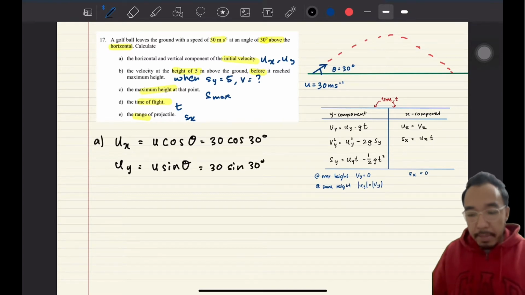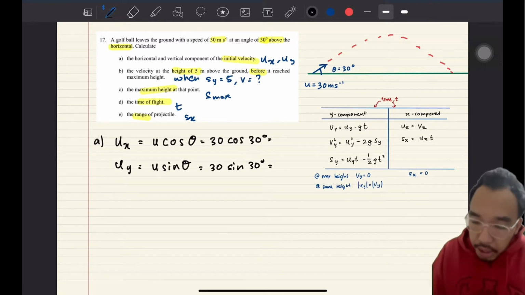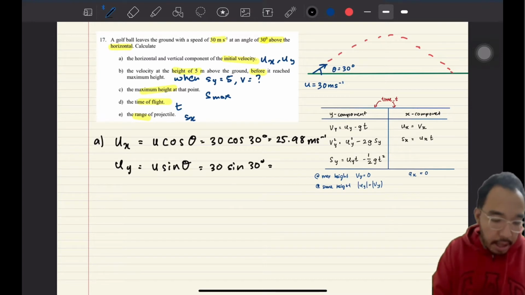Okay, remember, since the 30 is in degrees, make sure your calculator is in degree mode as well. So here I got 25.98. This one will be 30 sin 30, which is 15.